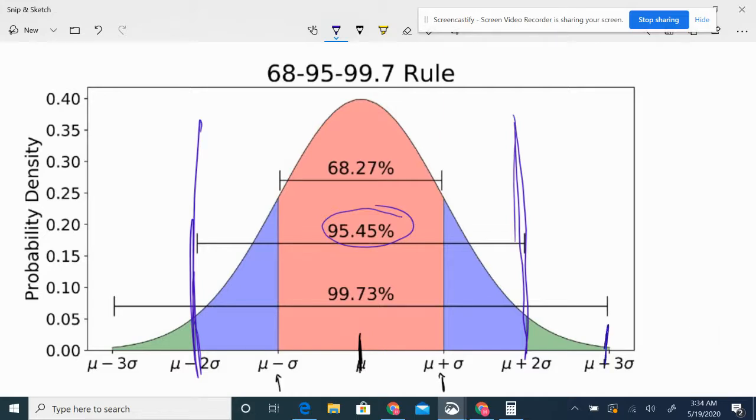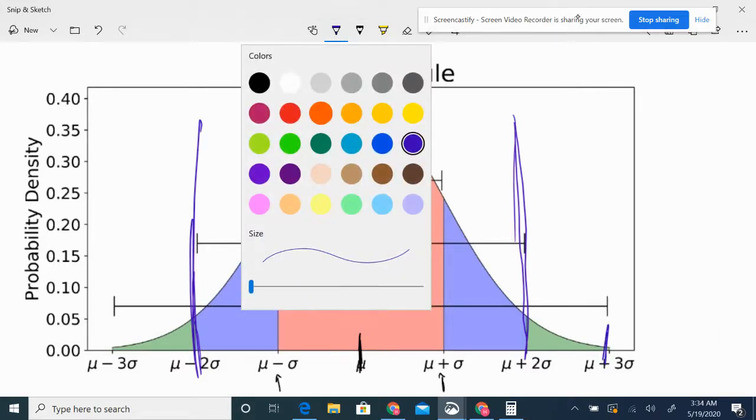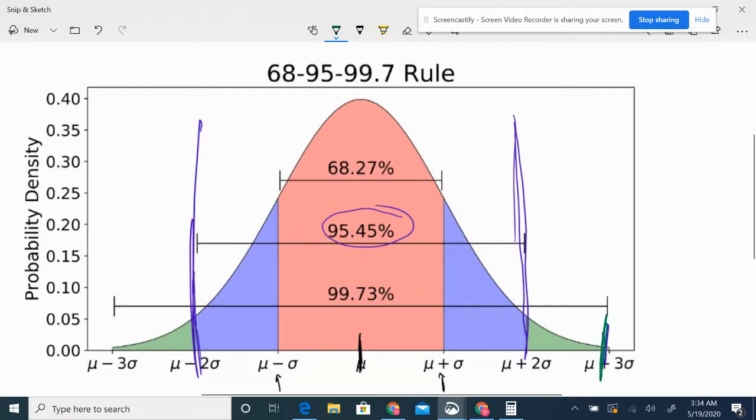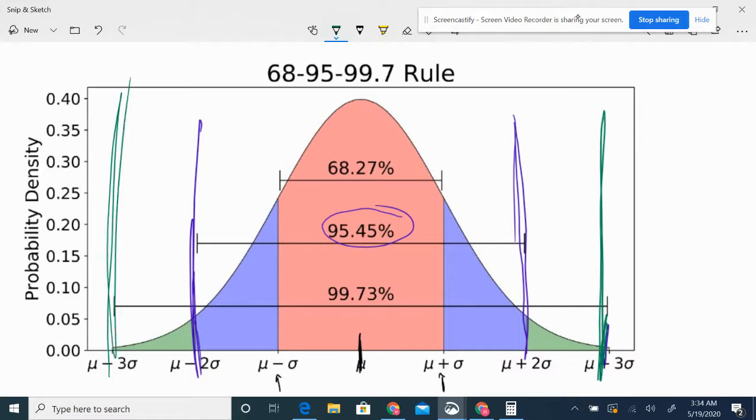Now here I have mu plus 3 sigma, and let me go for green in this case: mu plus 3 sigma, mu minus 3 sigma, so the average plus 3 standard deviations and the average minus 3 standard deviations. In between them, I have about 99.7% of the population of my data. So this is what we talk about with percentages. Now my mu is at 50%.